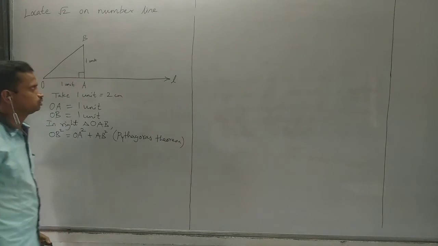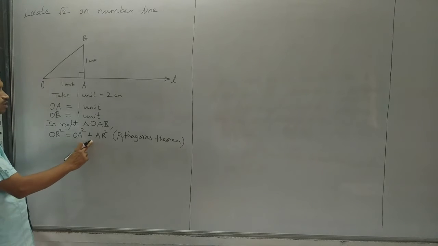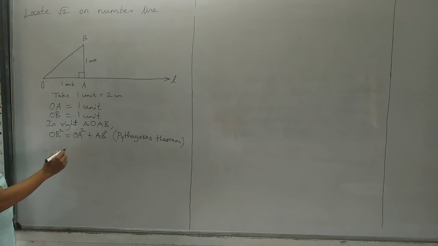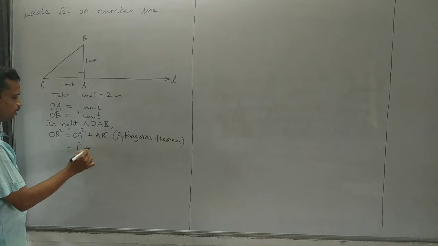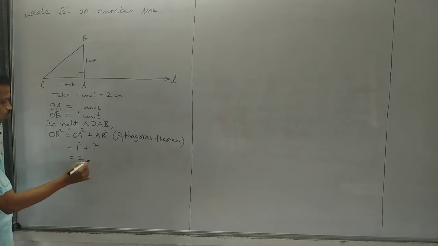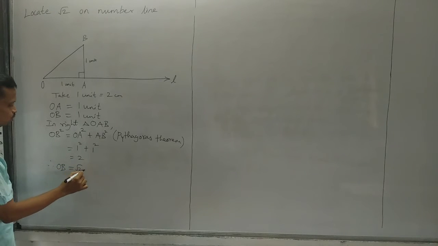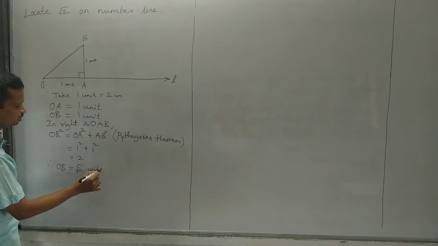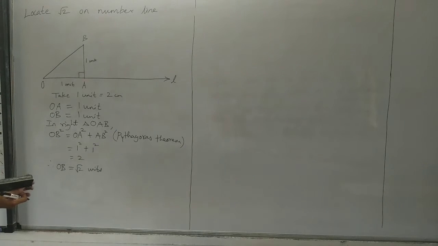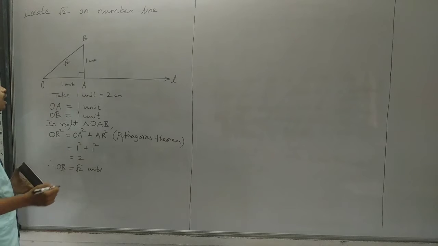By applying the Pythagoras theorem in this right triangle, OB square is equal to OA square plus AB square. What is OA square? 1 square, because both are 1 unit. 1 square gives 1, plus 1 is 2. Therefore OB is equal to root 2 units. So this is the way to locate root 2 on the number line. Now we got OB is root 2. Now you write, this is root 2.